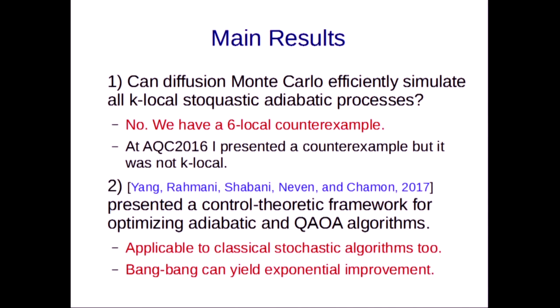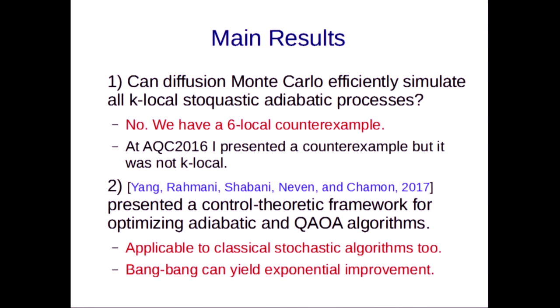And that's actually what I spoke about at AQC 2017 1 year ago. And we found an example where stochastic adiabatic computing had an exponential advantage over the corresponding classical random walk. But our example was not a local Hamiltonian. It involved n-body interactions.